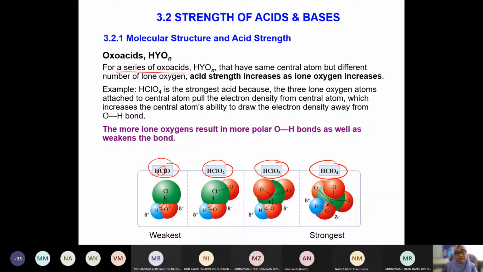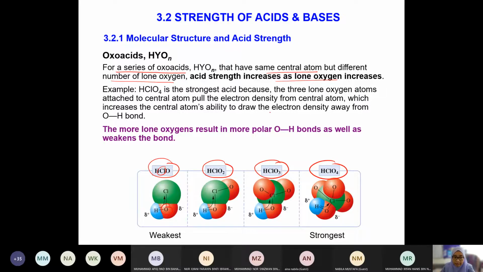Okay, it's now varies. Okay, that have same central atom. So that's the word sebenarnya, same central atom but different number of lone oxygen. The acid strength increases as lone oxygen increases.